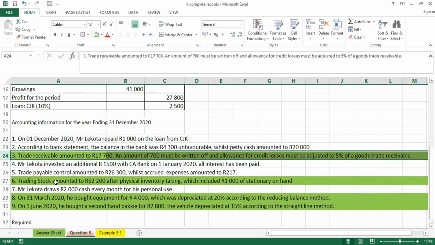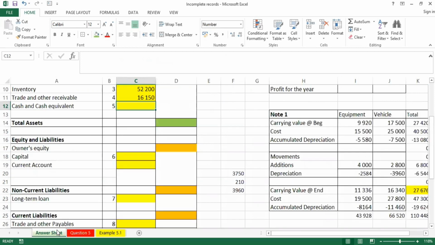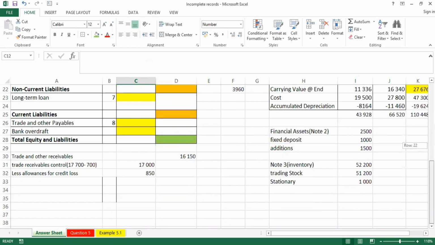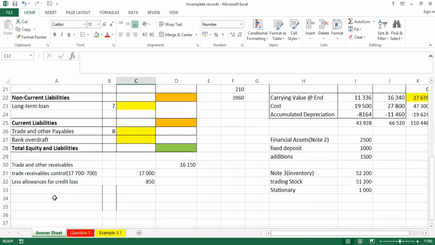Okay, so moving on, we come to our cash and cash equivalents. We'll just do cash and cash here.